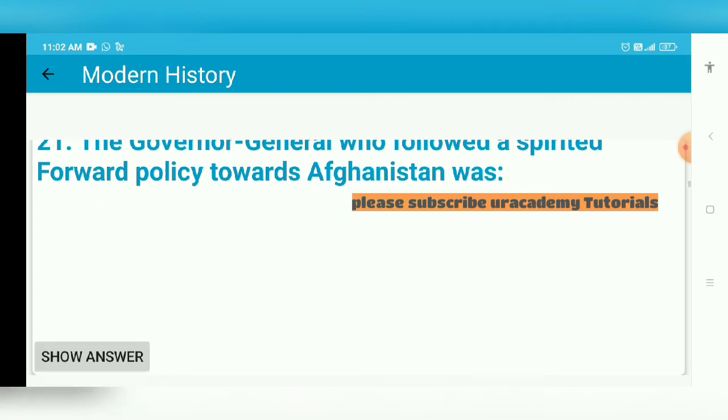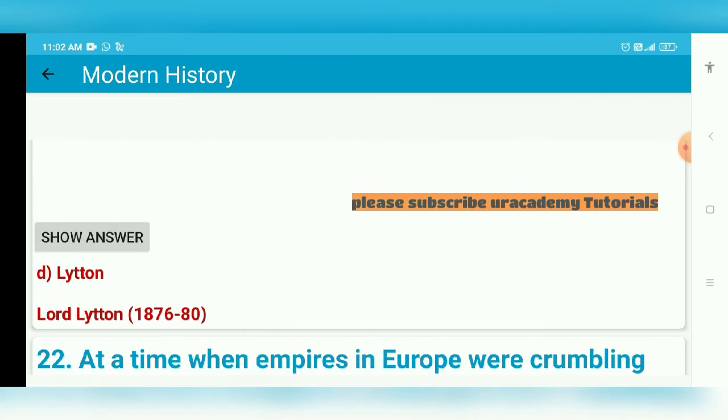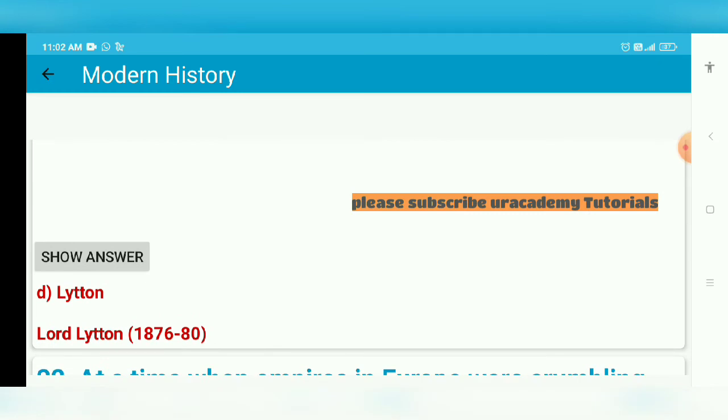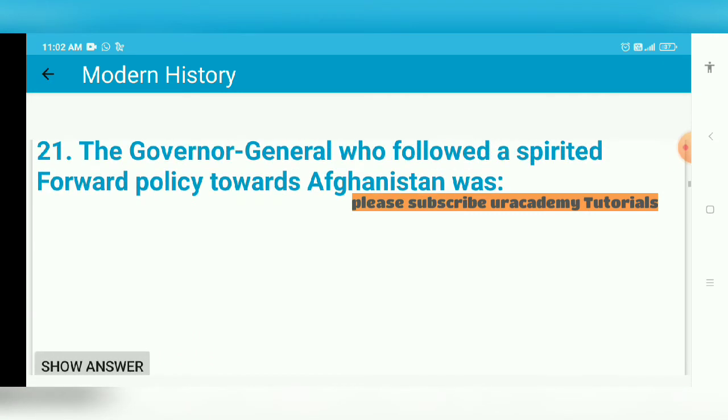It was Lytton who followed the forward policy and believed in interference in the politics of Afghanistan. What was the result of this forward policy? It totally failed, because the culture of Afghanistan was always hostile towards outsiders, and no power survived in Afghanistan, whether it was the British in the 18th, 19th to 20th century, or Russia, then known as the USSR, and now America, which was also thrown out of Afghanistan.